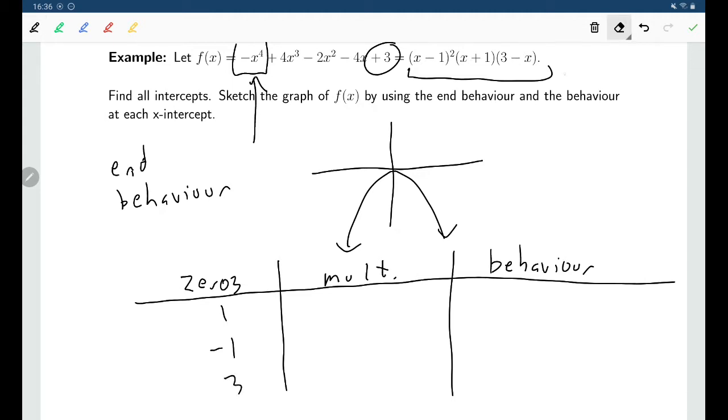You can see that one of these, when x is 1, that comes from the factor x minus 1 squared. That has multiplicity of 2. The other two zeros come from x plus 1. That has multiplicity of 1. 3 minus x, that only shows up once. So that means when x is 1, we are going to touch the x-axis, but that we're going to cross the x-axis at the other two intercepts.